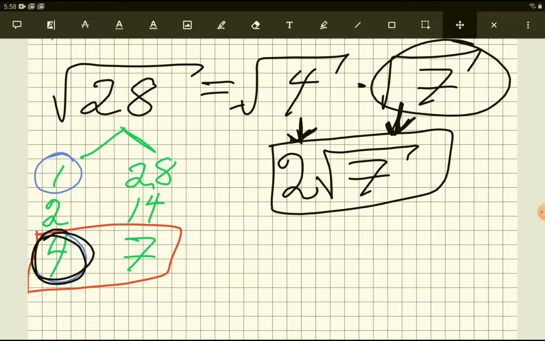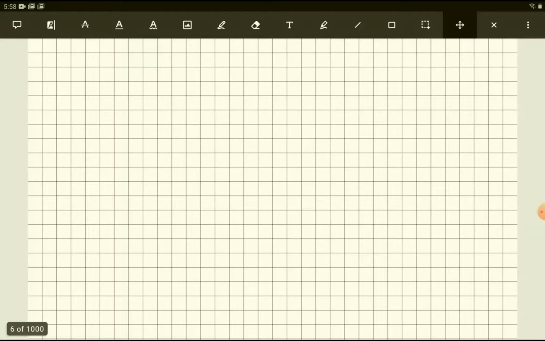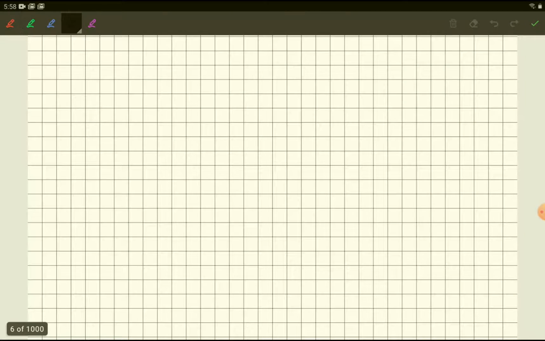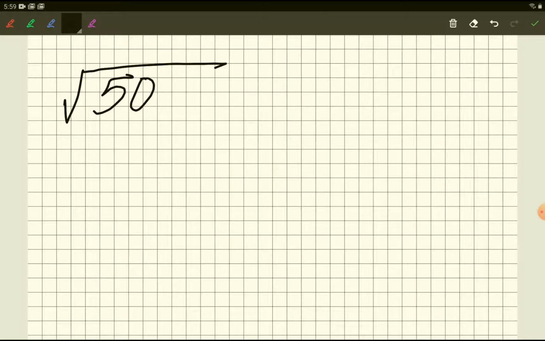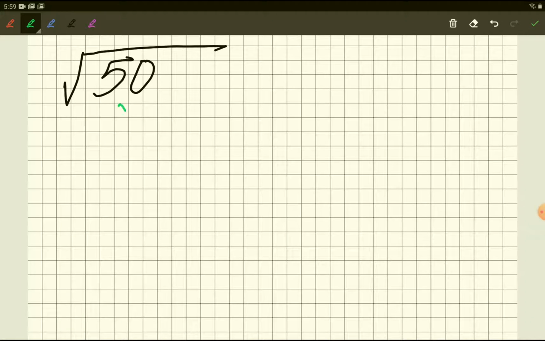Let's do one last one. Okay, just for fun. Let's do square root of 50. I like 50. So make sure 50 is not a perfect square, which it's not.